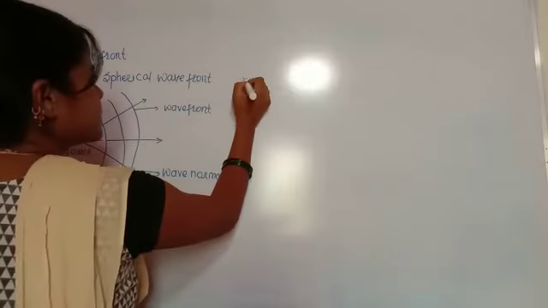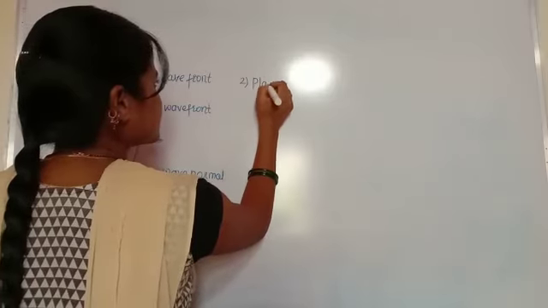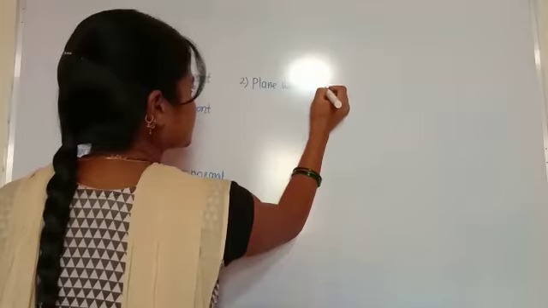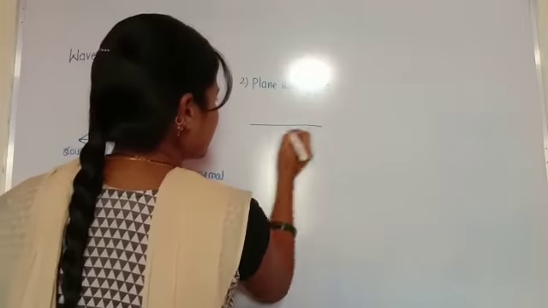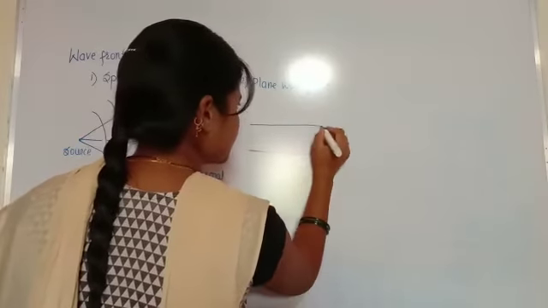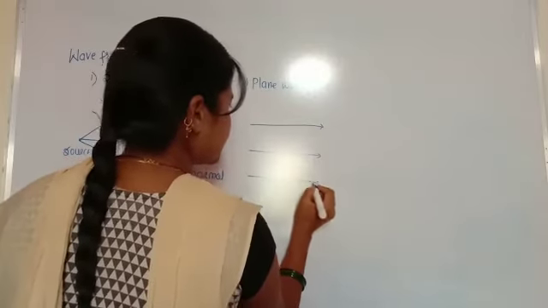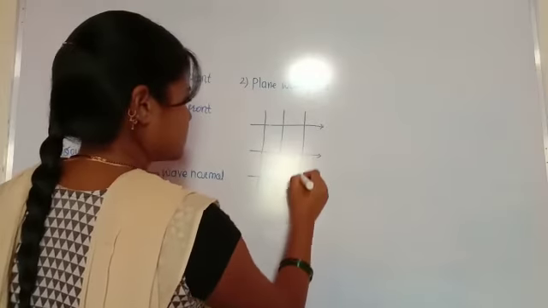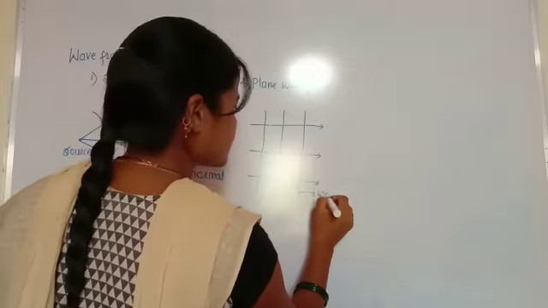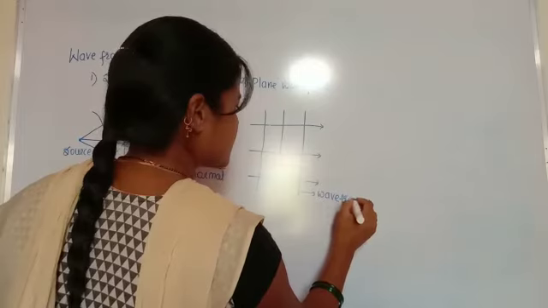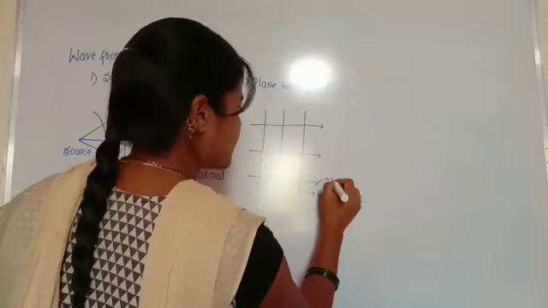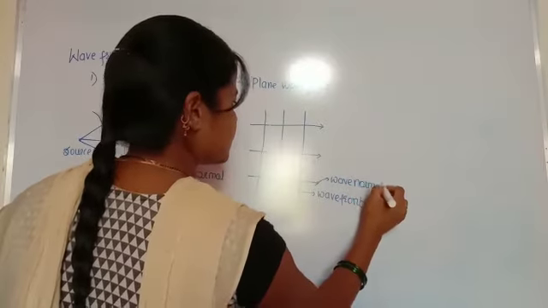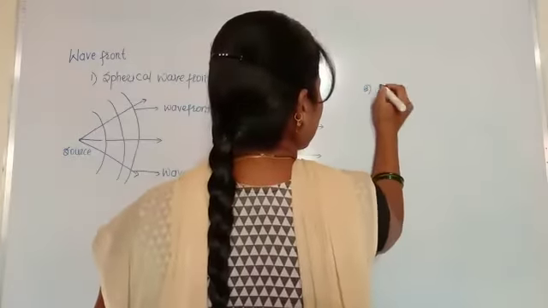Second is the plane wavefront. So this is the plane wavefront, these are the wave normals, and this is the plane wavefront. This is the wavefront, and this arrow is the wave normal. And third is the cylindrical wavefront.